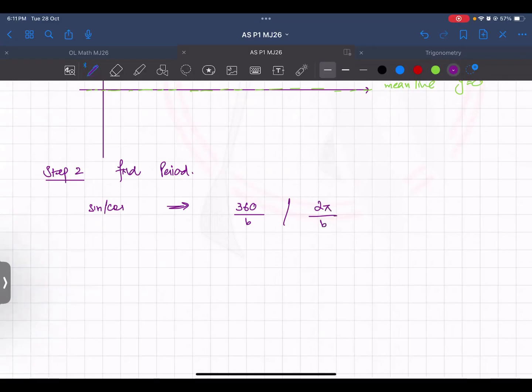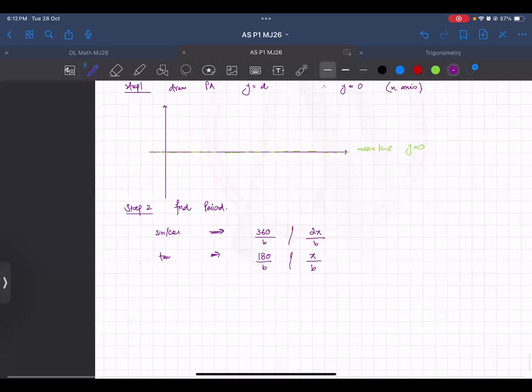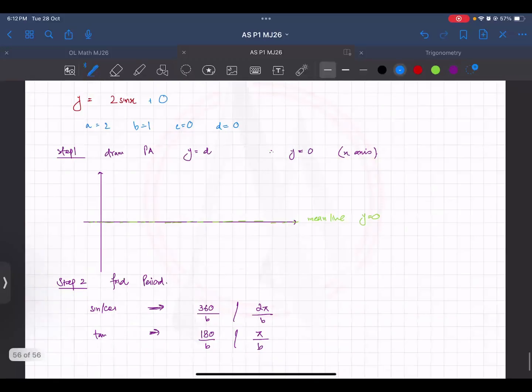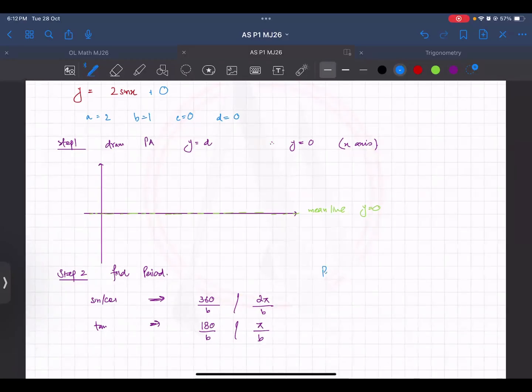And if it is tan x, the graph of tan, then it would be 180 upon b or pi upon b. You have to learn this as well. In this case, right now we have sine, so the period will be 360 upon 1, which is 360. So for 2 sine x, your one cycle will complete in 360 degrees.